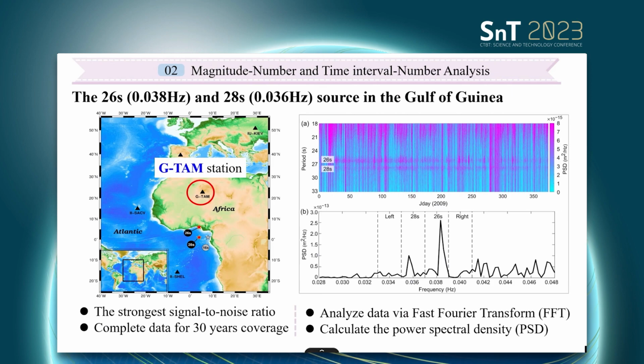We analyze data via fast Fourier transform and calculate the power spectral density. We can see these two signals clearly in figure A. These two horizontal lines represent these two signals, so we can see they have a specific period and a long duration. And from figure B, we can see two peaks around 0.038 and 0.036 Hz.